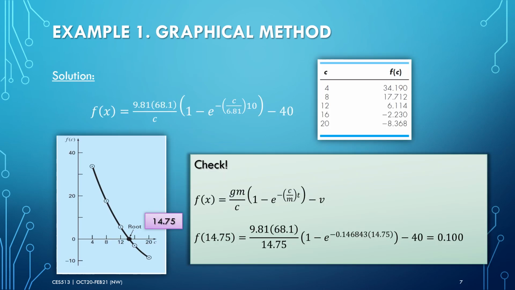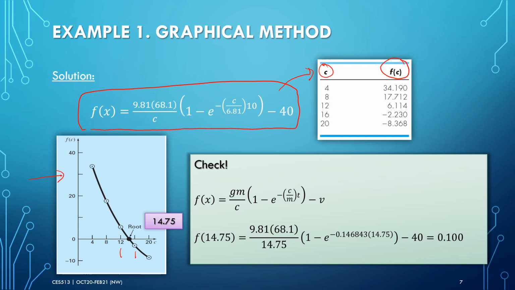For the solution, substitute all the parameters given in the problem into this equation, and then determine a series of points of c and f(c), and plot these points on the graph. The resulting curve crosses the c axis between 12 and 16, so this is the range where the root is located.